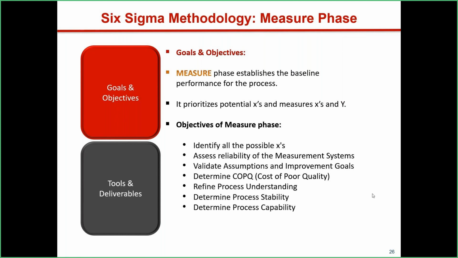So validate the assumptions and improvement goals. When we are running a project, we are running the project based on an assumption, okay? But we need to validate that based on statistical tools, based on the data available on hand, and also the improvement goals.